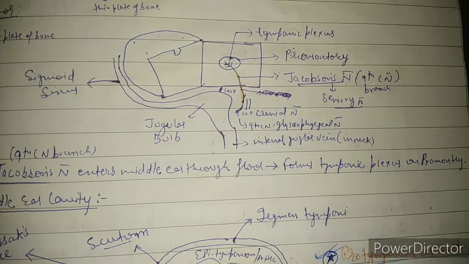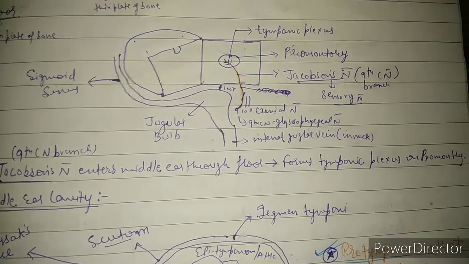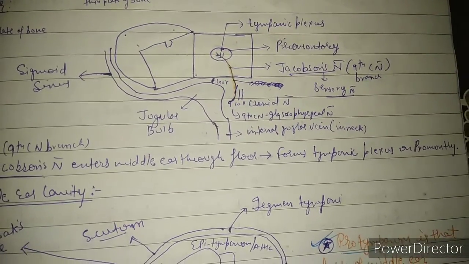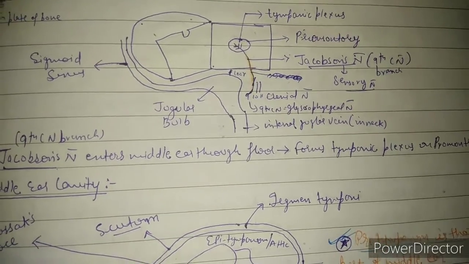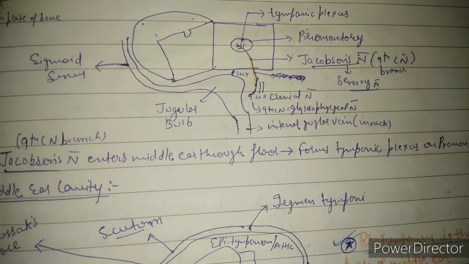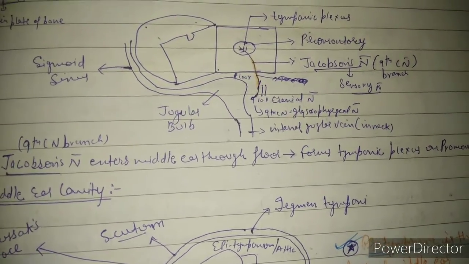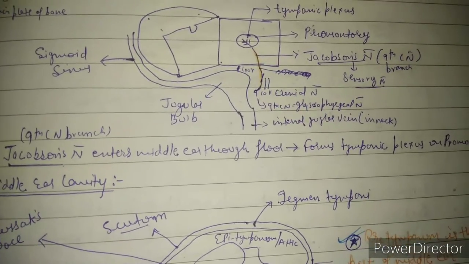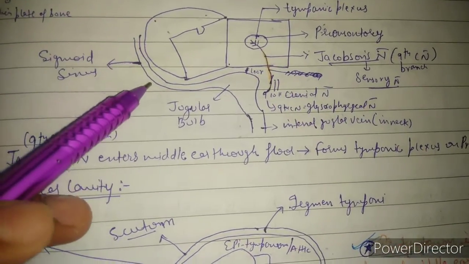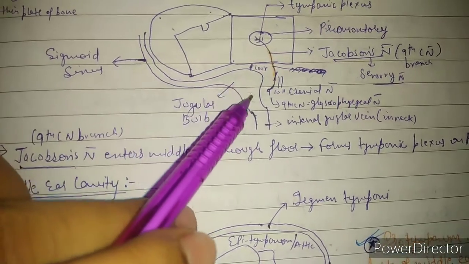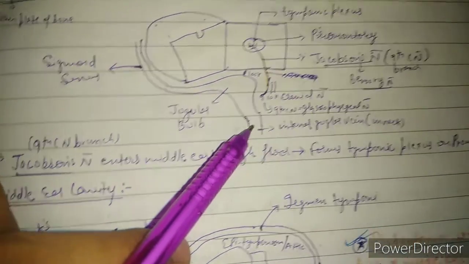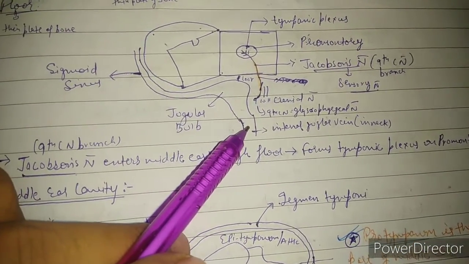What are the structures present in the floor? Please see that in the floor we have the tympanic plexus and the promontory. In the floor, are you seeing the jugular bulb? From where is the jugular bulb formed? The sigmoid sinus continues into the jugular bulb, and when the jugular bulb comes into the neck, it is converted into the internal jugular vein.